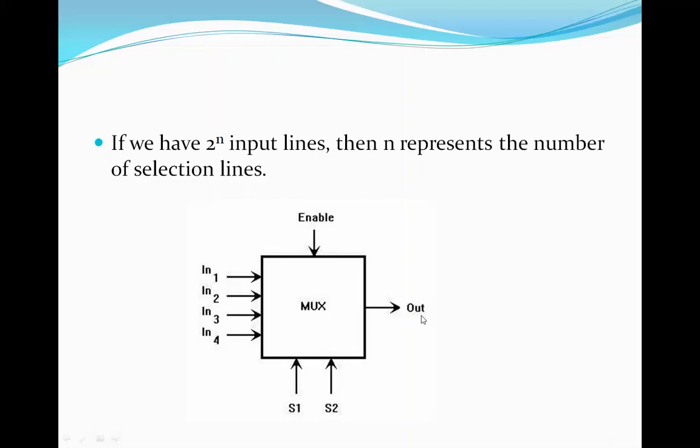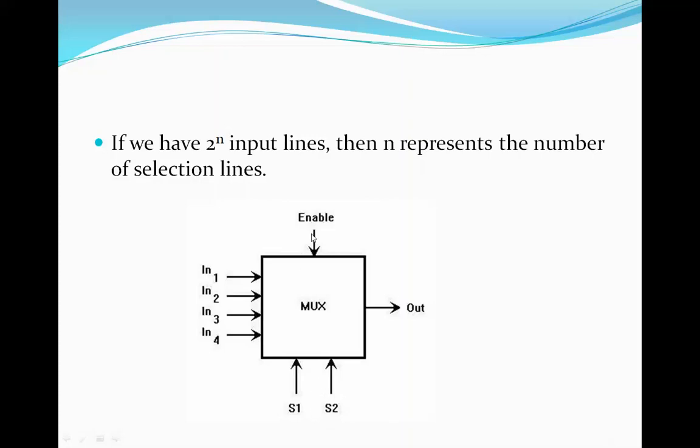I have told you that multiplexers will always give only one output, and this output will be based upon any one of the input lines of the multiplexer, but that will be decided by the selectors. These are the selectors or the selection lines of the multiplexer.